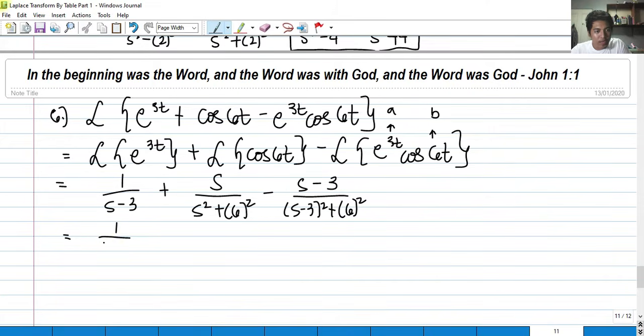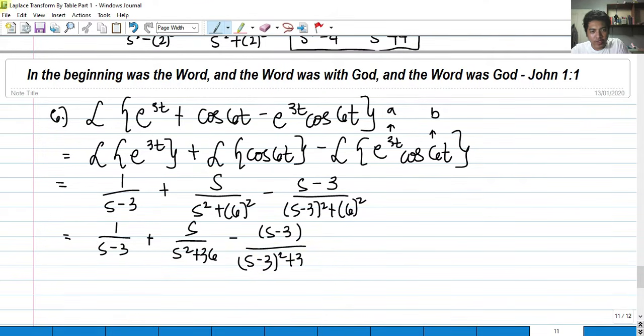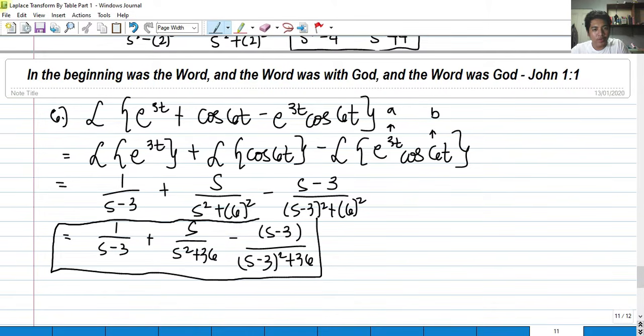So we have 1 over s minus 3 plus s over s squared plus 36, since 6 squared is 36, minus s minus 3 over s minus 3 squared plus 36. So this should be our answer for finding the Laplace transform for this number.